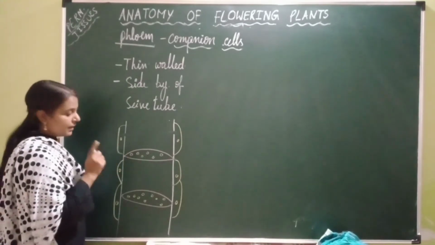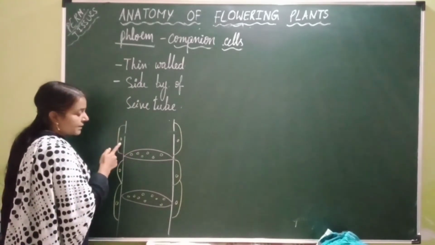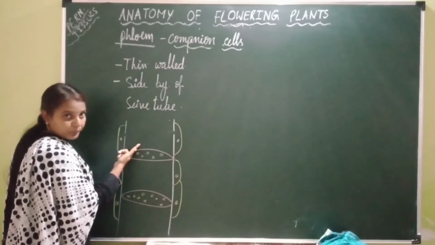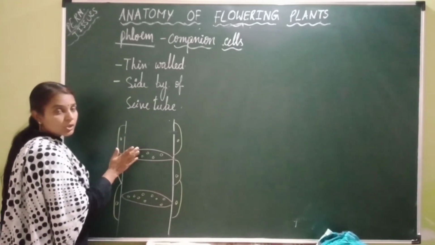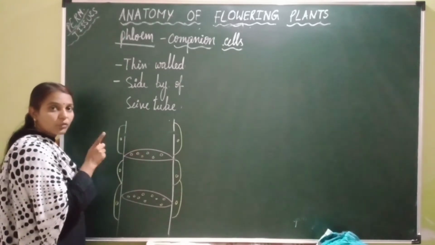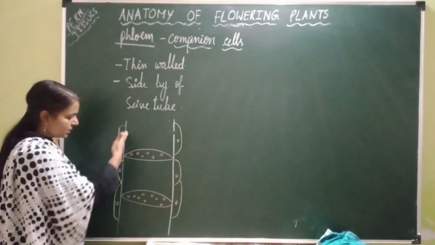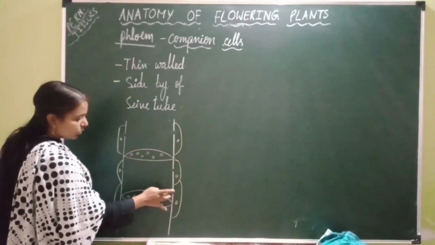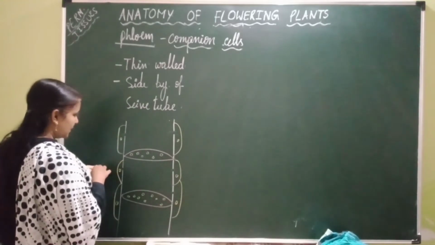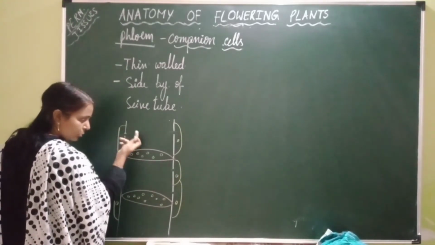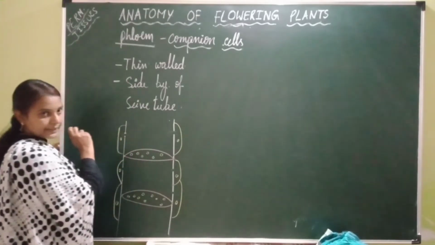I repeat, the cytoplasm of the companion cell can enter into the cytoplasm of the sieve tube because of the presence of passages on this common longitudinal wall, for the entry of cytoplasm from companion cell into sieve tube and from sieve tube to companion cell.